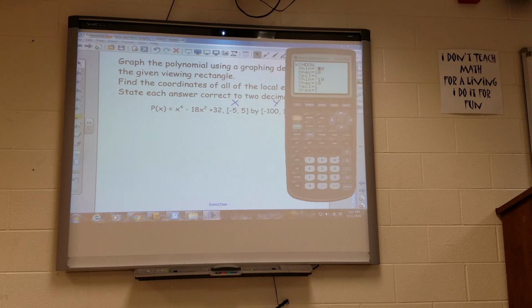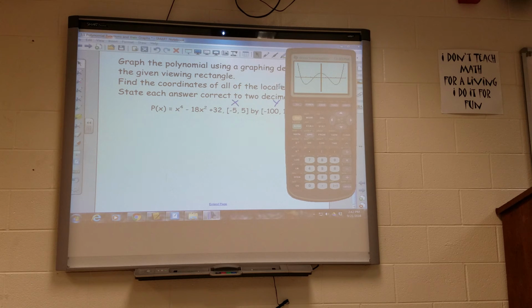I forgot to change the window, that's why it looks so weird. And I want both of these to be 100. Alright, so that gives us a graph that looks like this in the appropriate viewing rectangle.